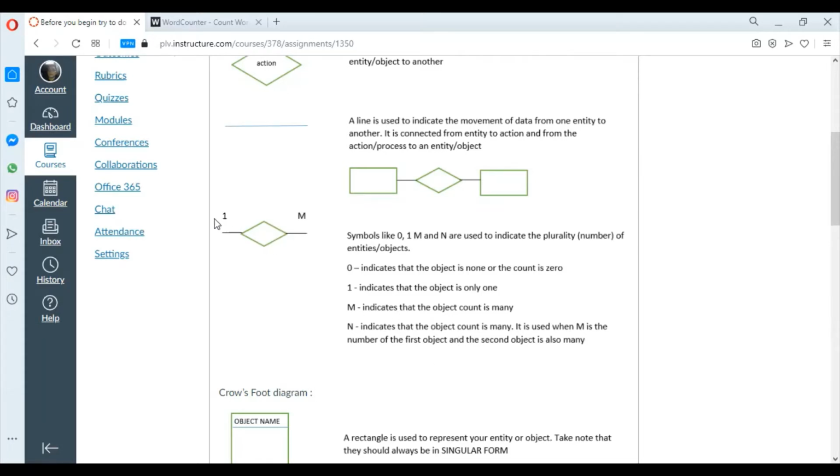So for example, M to N. That indicates that our first object is many and we are connecting it to another object that is also many.